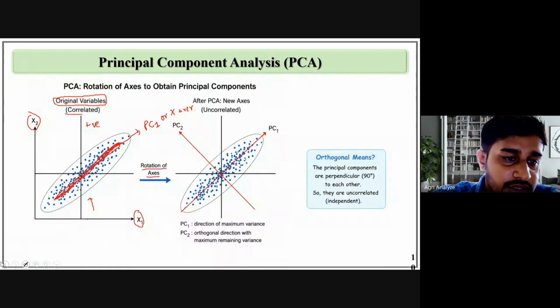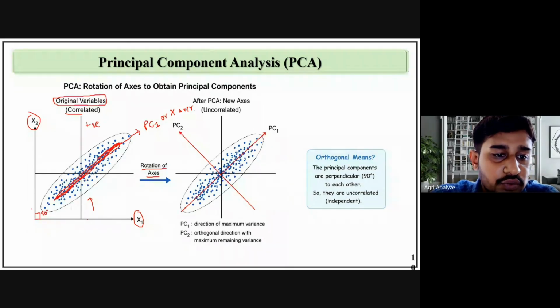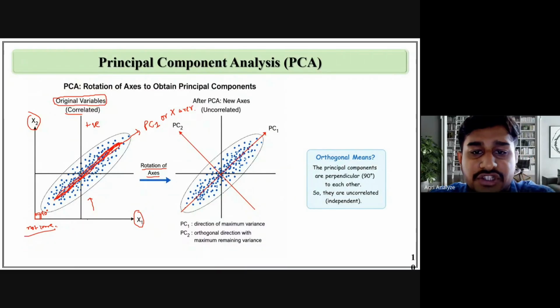We know that x-axis and y-axis are always at 90 degrees, because these two axes are orthogonal to each other, or not correlated with each other. So now this is our data pattern.